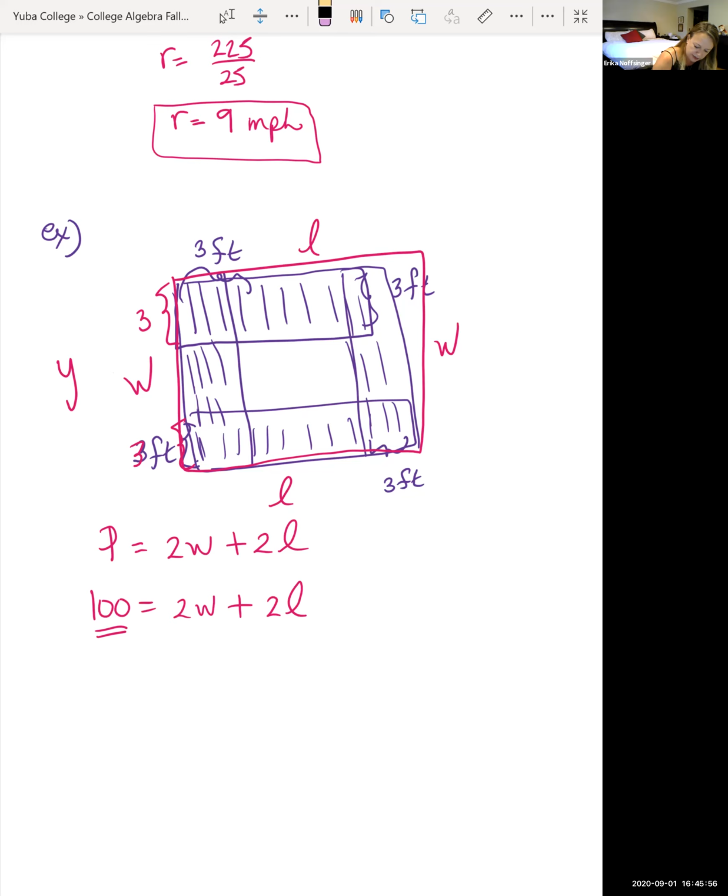Technically we know this whole thing is W. If we need to know what this piece in here is, let's call that y. So W is equal to this piece in between, which is y, plus this 3 feet, because we know that's the width of the deck, plus the other 3 feet.